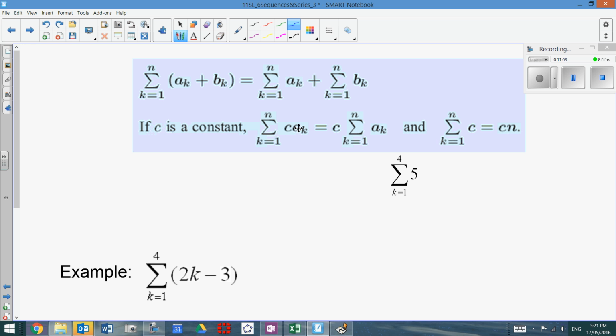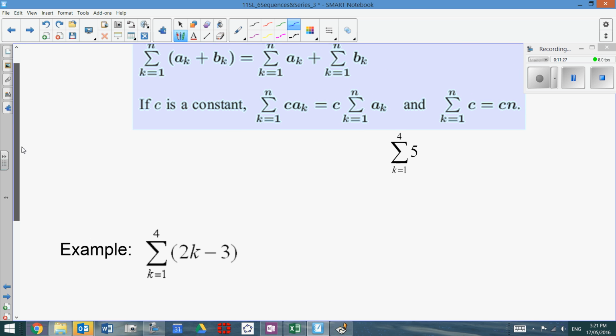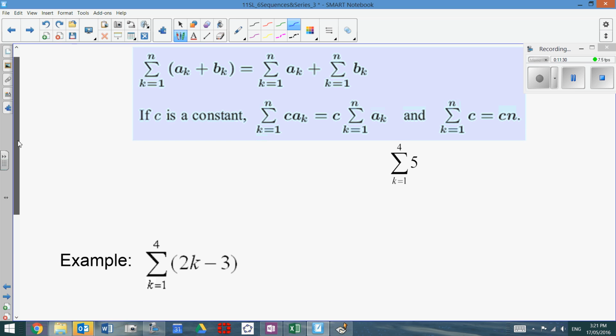So if I take out a constant and just multiply it after you wind up doing the summation, you wind up with the same answer as if you leave it in. So just a few other rules that you guys can apply to sigma notation, just as you would when you are working with normal algebraic expressions as well. All right, so go ahead and try this last example, bring your answer to class, and we'll continue with this one next time.